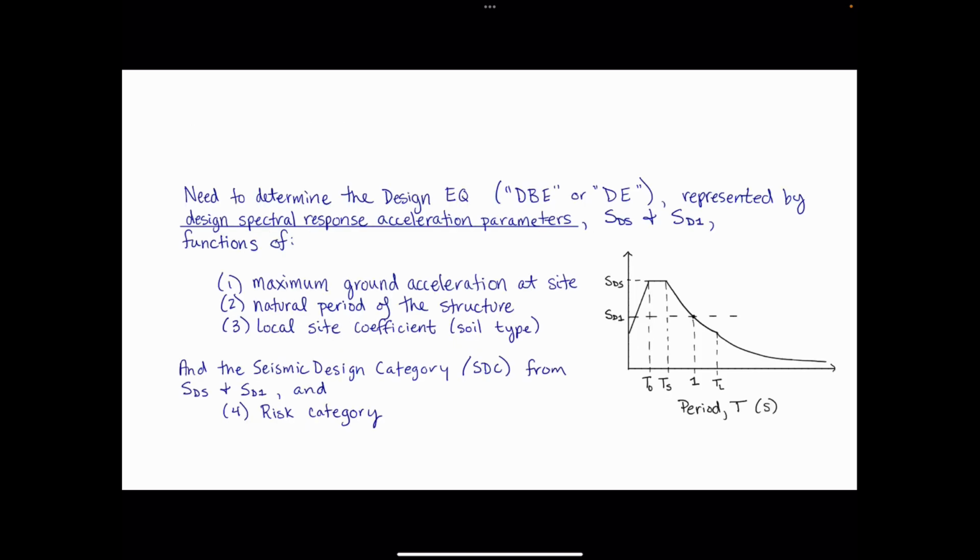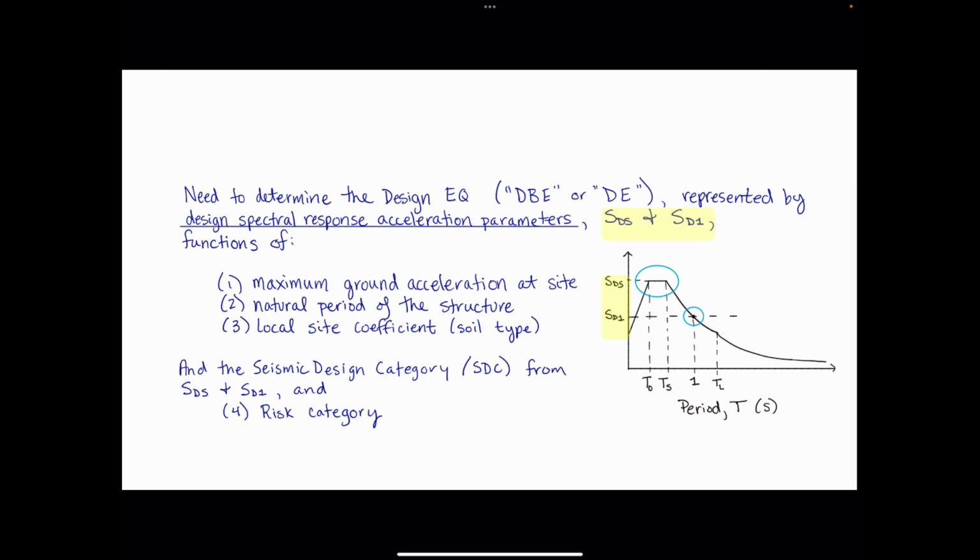All right, so we need to figure out the design earthquake, which is represented by these parameters, SDS and SD1. The full phrase for it is a mouthful: design spectral response acceleration parameters.